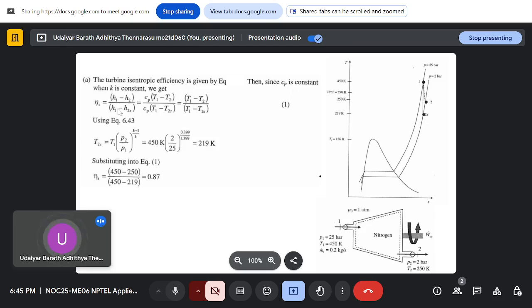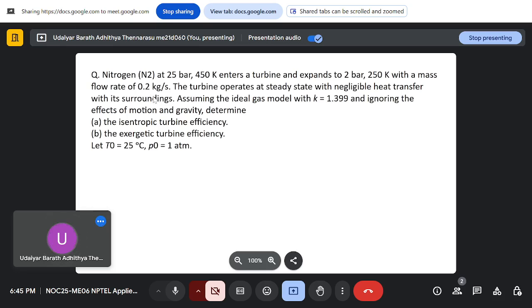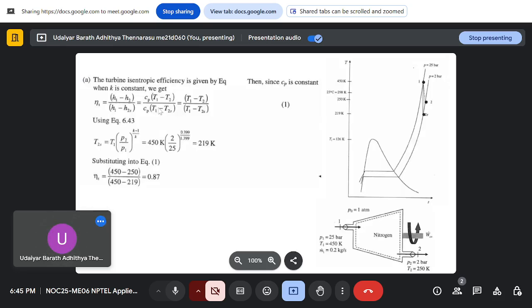So how will I do that? For a turbine, my isentropic efficiency is my actual work divided by my isentropic work. Actual work is H1 minus H2. My isentropic work will be H1 minus H2s. Assuming this is nitrogen, an ideal gas or calorically perfect gas, I get Cp (T1 minus T2) divided by Cp (T1 minus T2s).